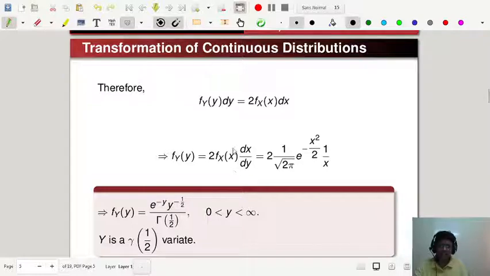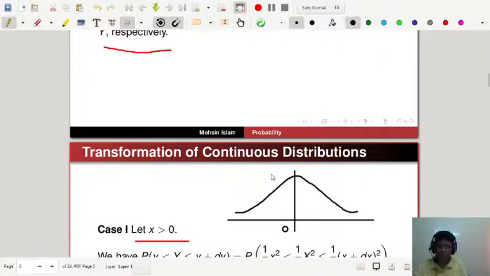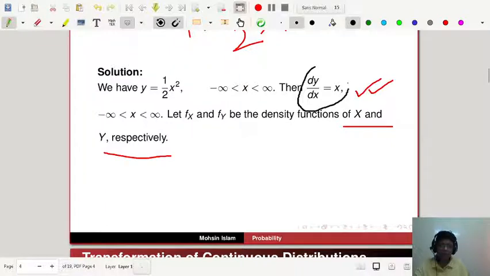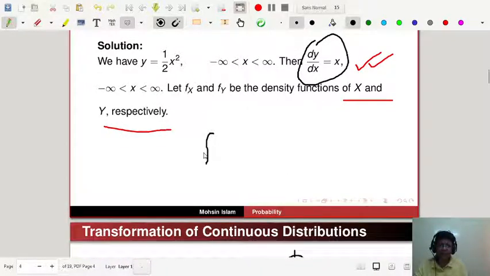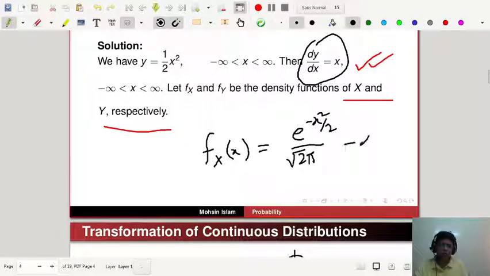And what is your dx by dy? Already you have calculated. Look at that. Your dy by dx is given by x, so your dx by dy equals 1 by x. And also your f_X(x), the probability density function of the standard normal curve, is given by 1 by root over 2 pi into e to the power minus x square by 2, for minus infinity less than x less than infinity, for all real x.